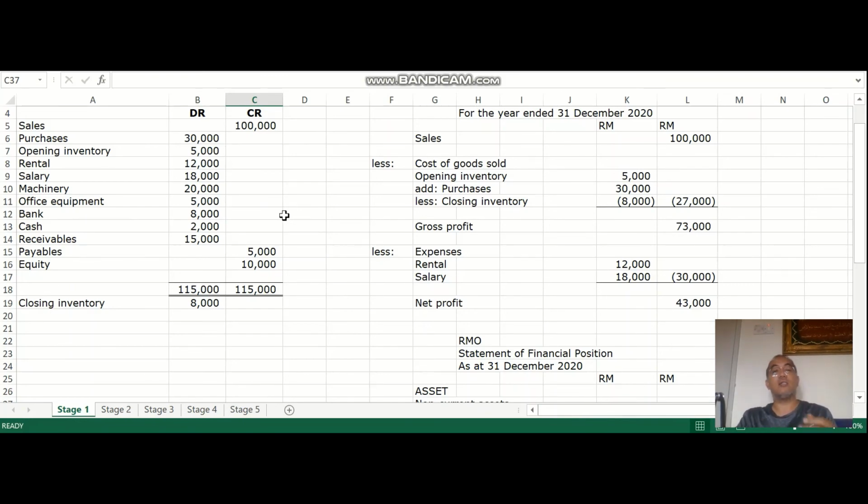To detect the liability from your trial balance, liability is always at the credit side. So look at the credit side of your trial balance. You have only your sales, which is your revenue, and you have payables. This is your liability, but it is under current liability. And you have equity. So only three are at the credit side. So there is definitely no non-current liability here.